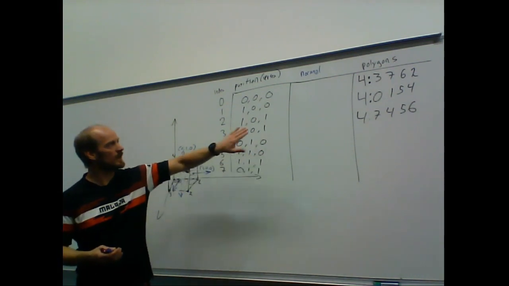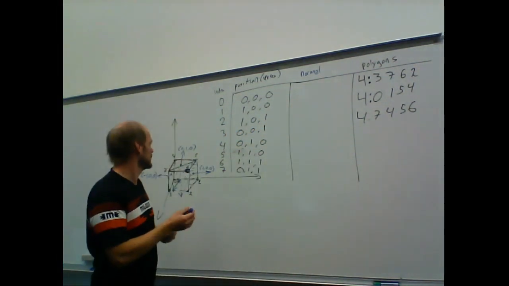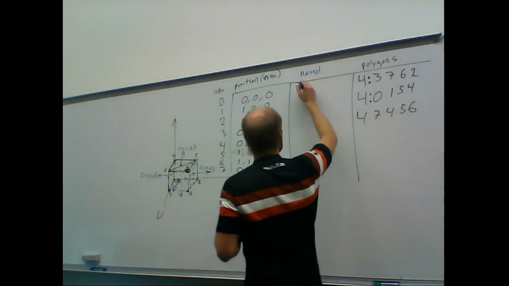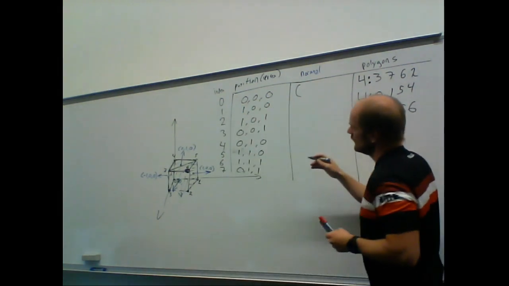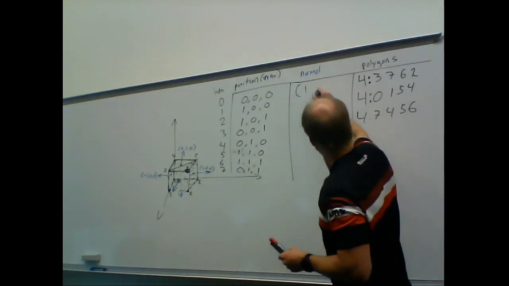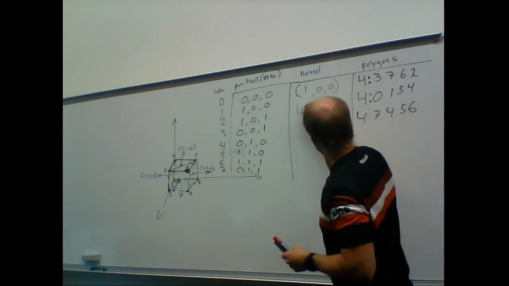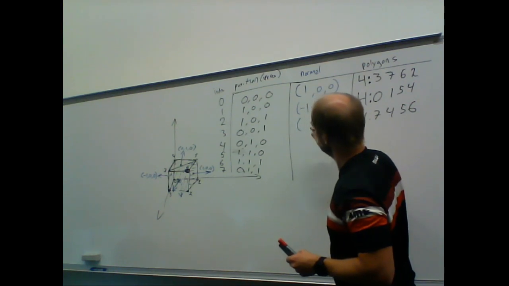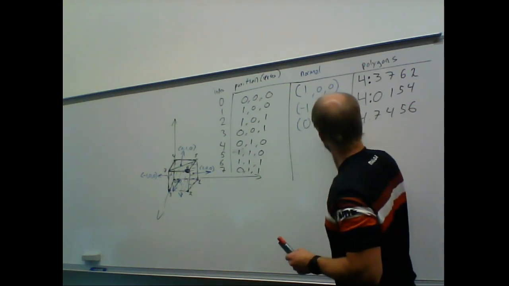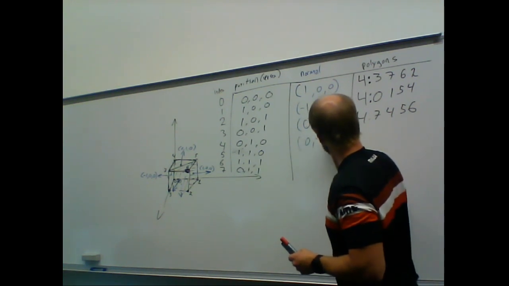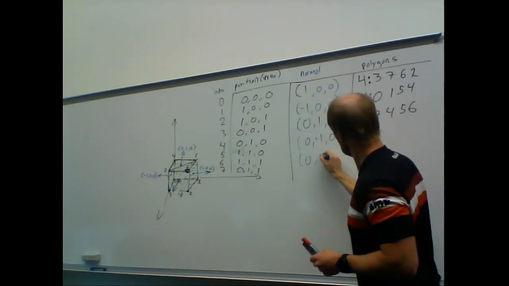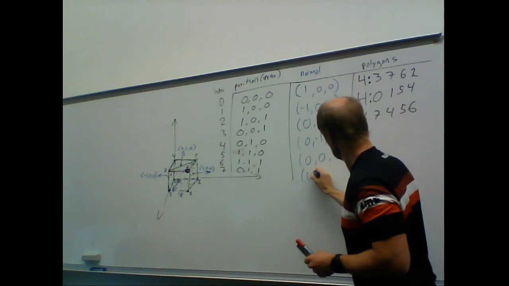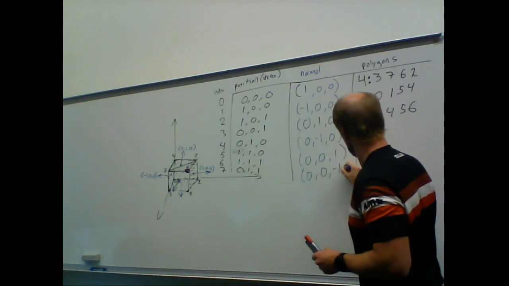And I'm going to say we can actually set the normals up independently. The normals that I have are 1, 0, 0, minus 1, 0, 0, 0, 1, 0, 0, minus 1, 0, 0, 0, 1, and 0, 0, minus 1.